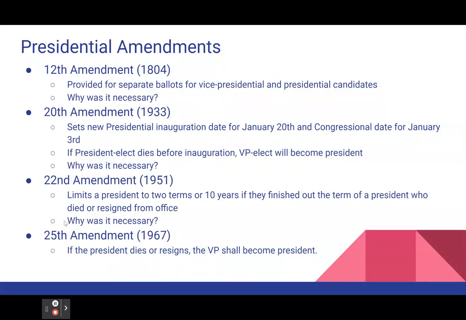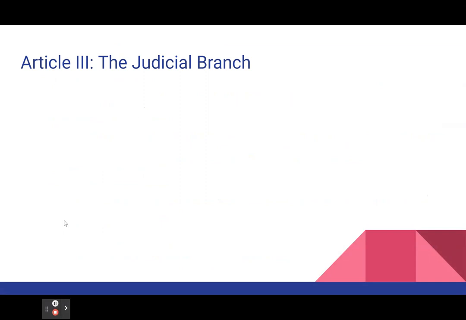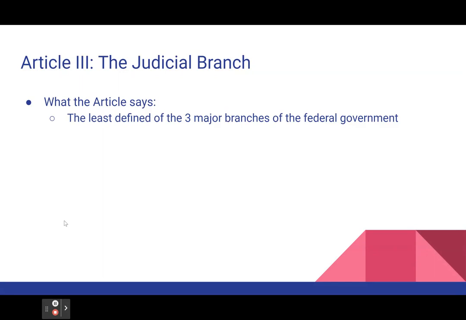So, with all that in mind, I'm going to introduce who would be the ones to help define that. And that would be the judicial branch. The judicial branch is addressed in Article 3 of the Constitution. And here's the problem with Article 3.